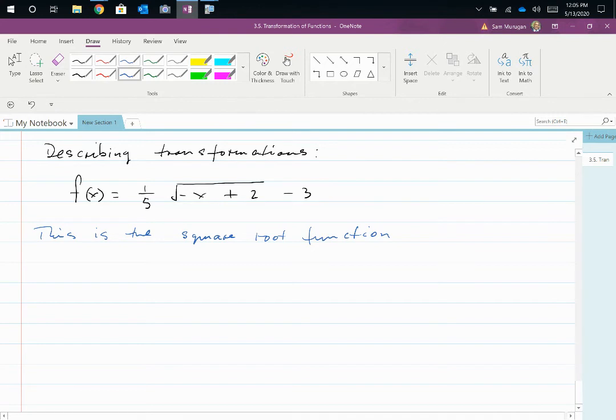Okay, square root function vertically compressed by a factor of 1 over 5. In other words, it makes it wider. Then we see a sign on the negative x, on the x, so it's reflected on the y-axis.